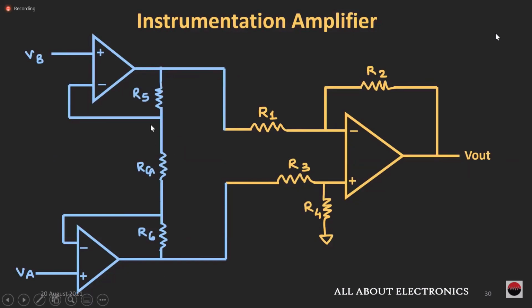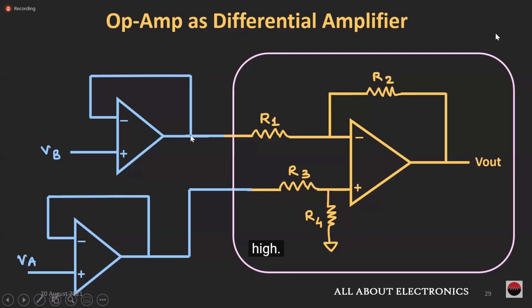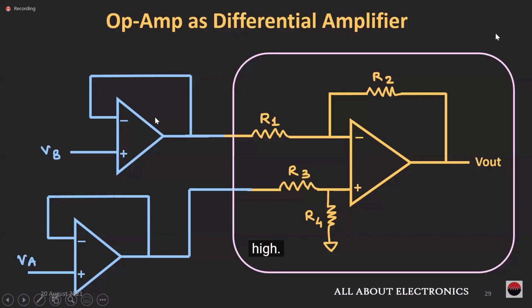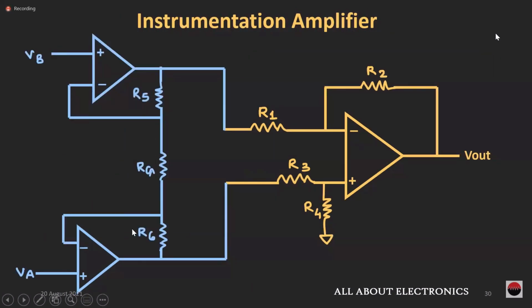And this is another development in the previous circuit. At the outputs of two voltage followers, we have arranged three resistors. Now they won't be voltage followers, they will be inverting amplifiers. Here, minus symbol.